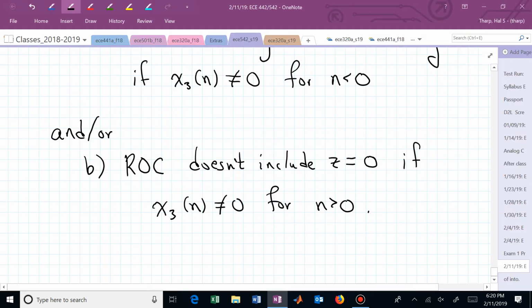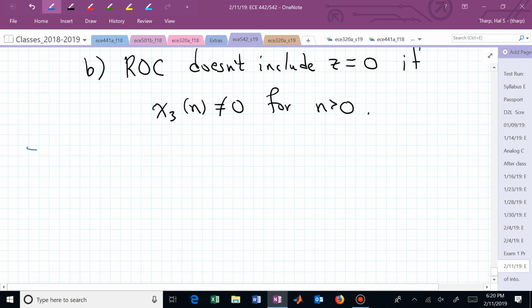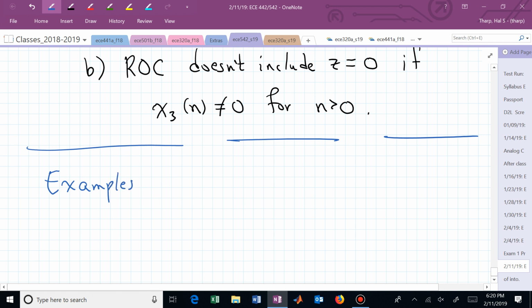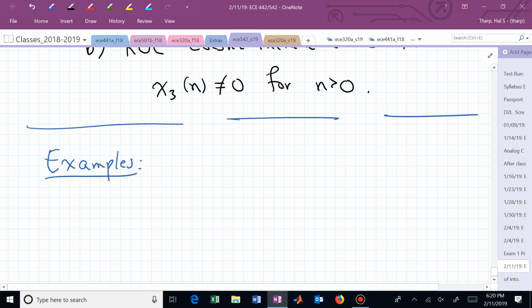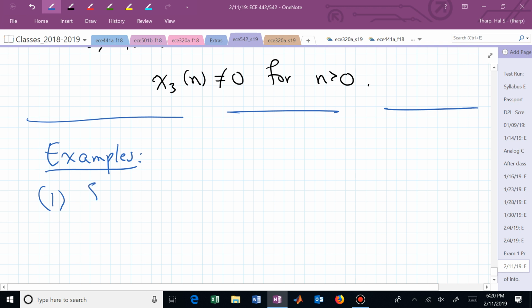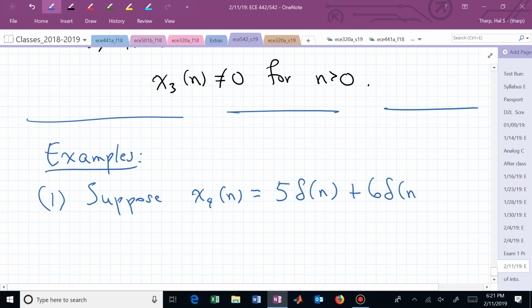Let's look at some particular examples to see if we can clean this up or make it a little bit clearer. Examples. Suppose for the first one we say x sub 4 of n is made up of 5 delta of n plus 6 delta of n minus 1 plus 7 delta of n minus 2.